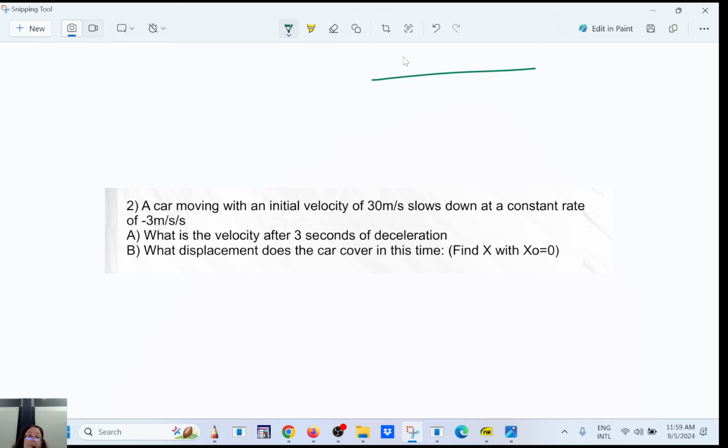Initial velocity is 30, slowing down. So acceleration is minus 3. Time elapsed is 3 seconds. And they want you to find the final velocity.